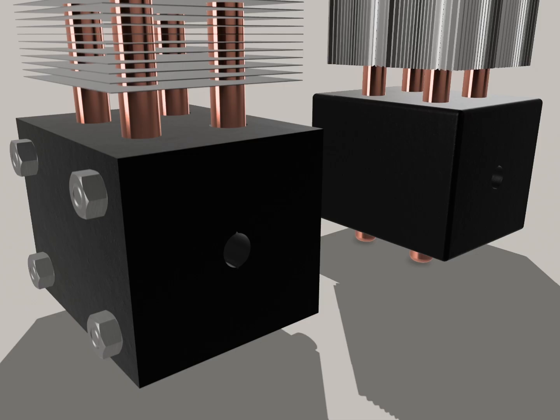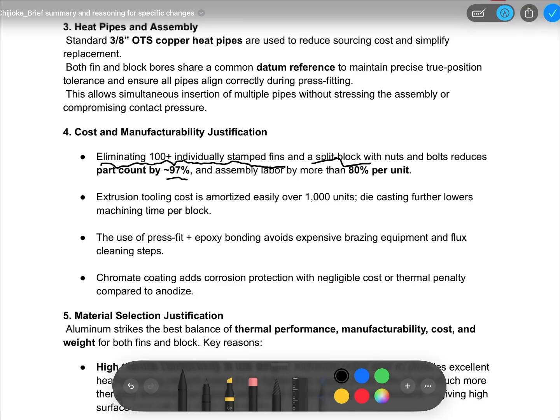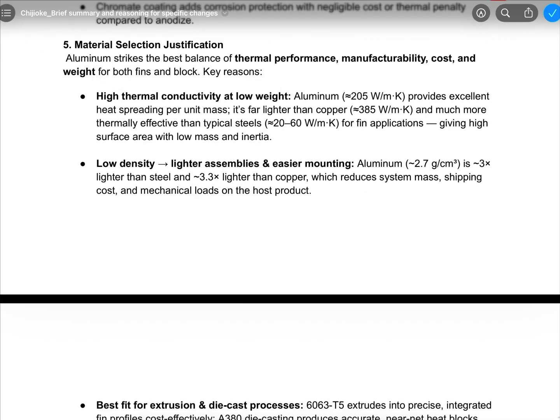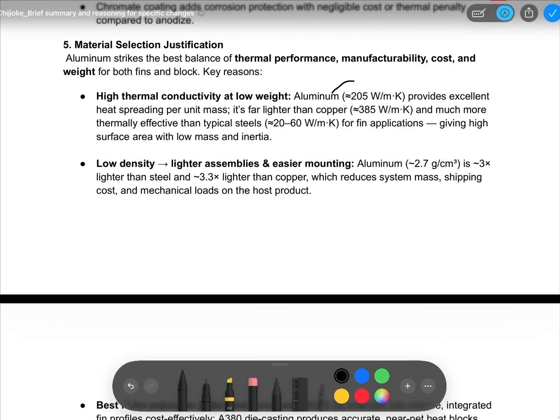The process is automated now with the press fit system and automation. That reduced part count by 97%, which is huge savings. And this is the thermal conductivity increase right here.